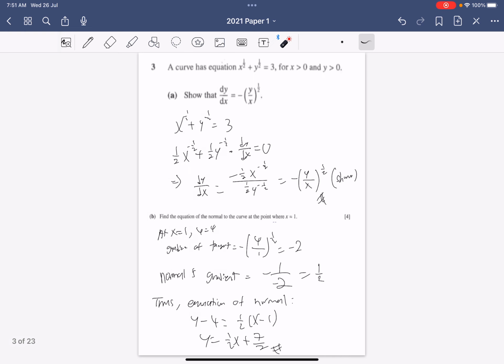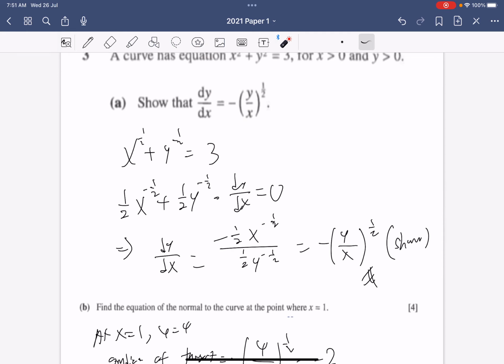Moving on, question 3 is a differentiation question, and so we are given an equation of a curve, and we're supposed to show that dy/dx is that. So we just need to differentiate this accordingly.